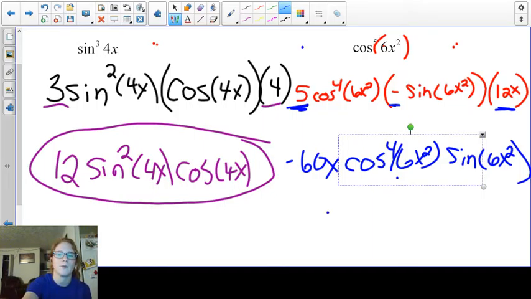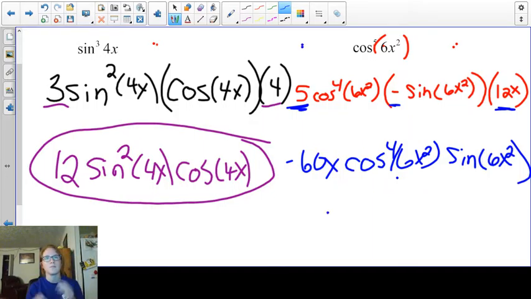Now again, I said more people put cosine or sine versus sine before cosine, whichever they kind of come in order. My cosine came first, so I put cosine first. It's really not going to cost you points if you don't have it in the right order. I can't put anything else together with that problem.